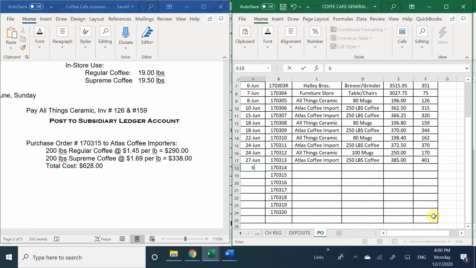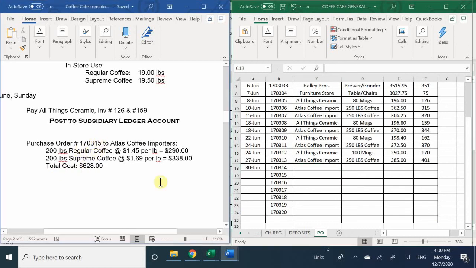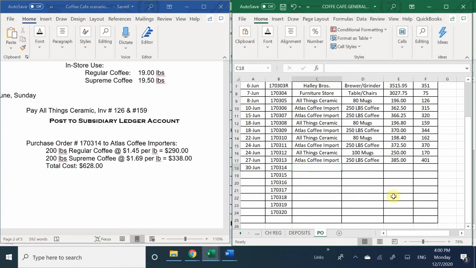Oh, whoops! I miscalculated. I know, that's why I was waiting. Okay, all right, so it will be the 4. And where is it? That's Atlas.